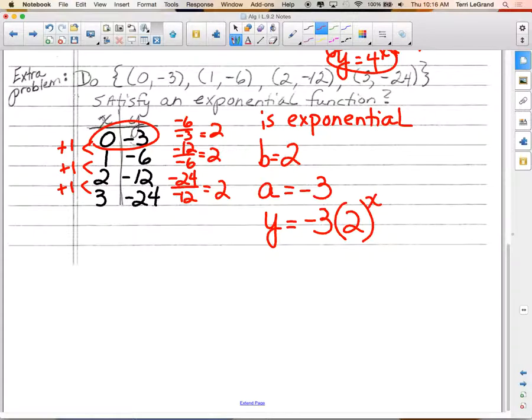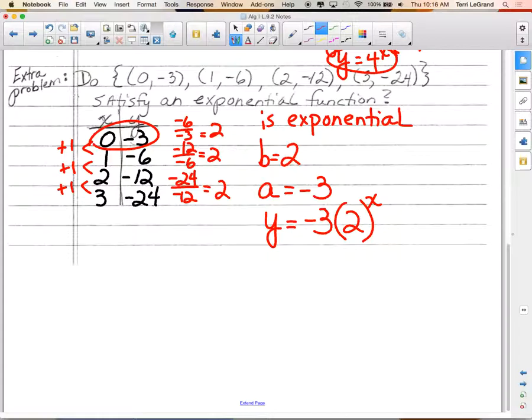That's how we would see it written. So if it is exponential, we're going to practice writing the exponential function for it also.